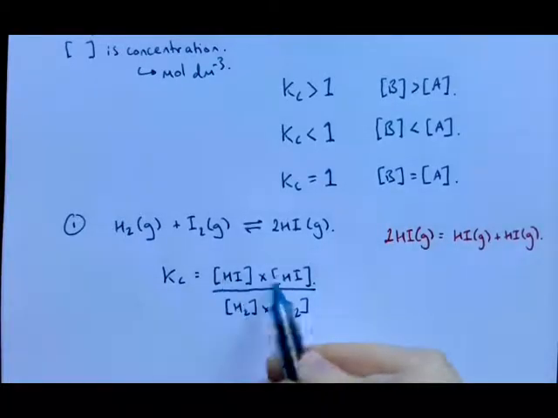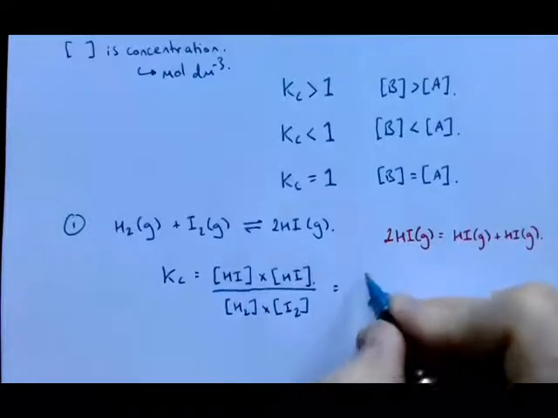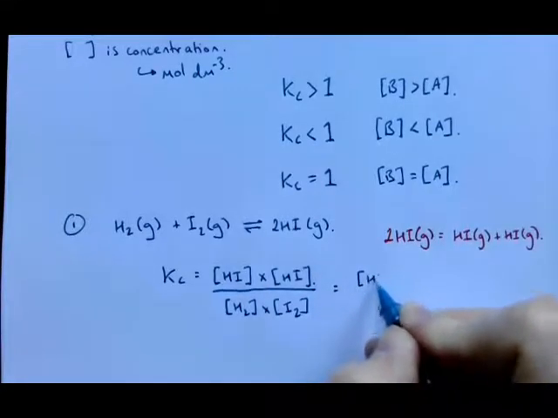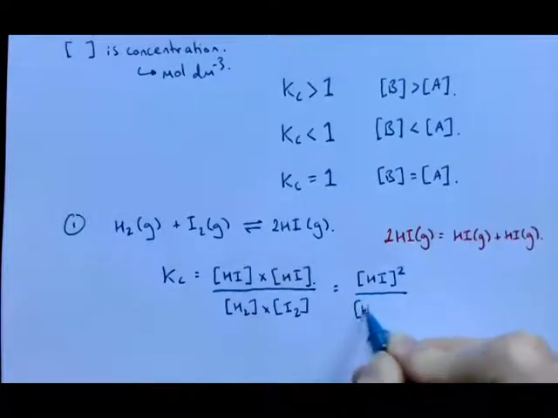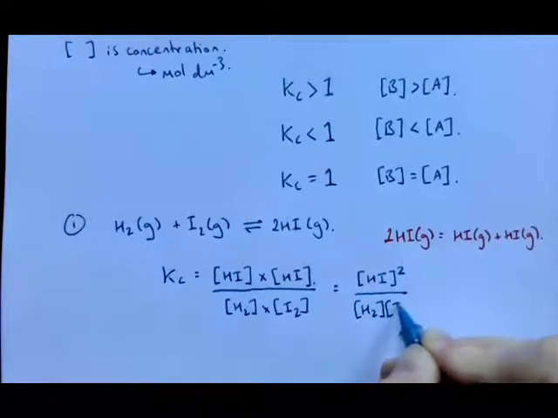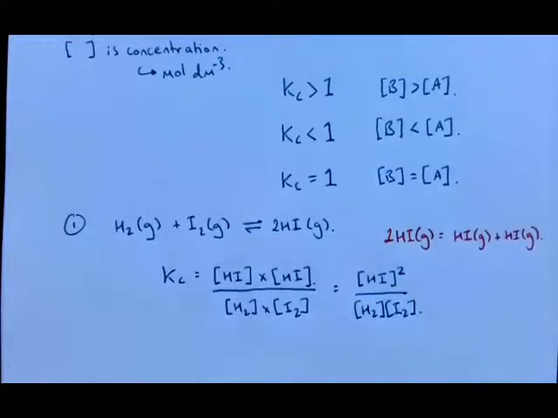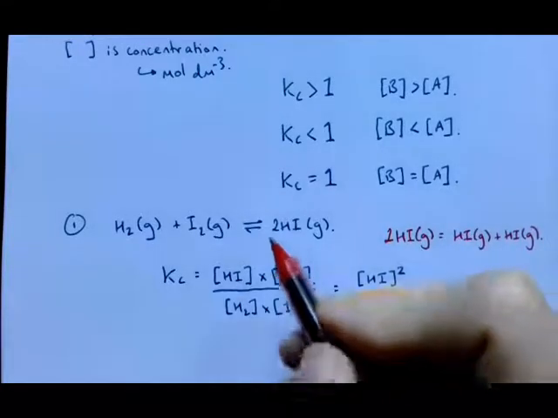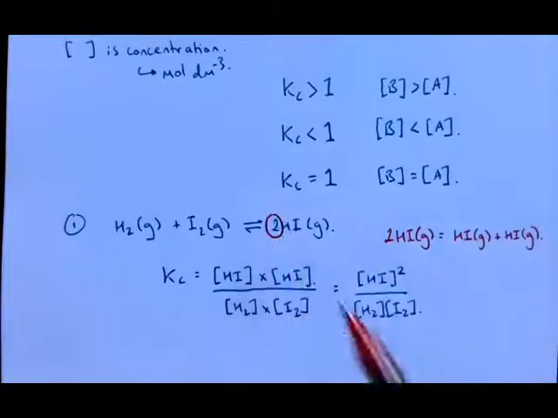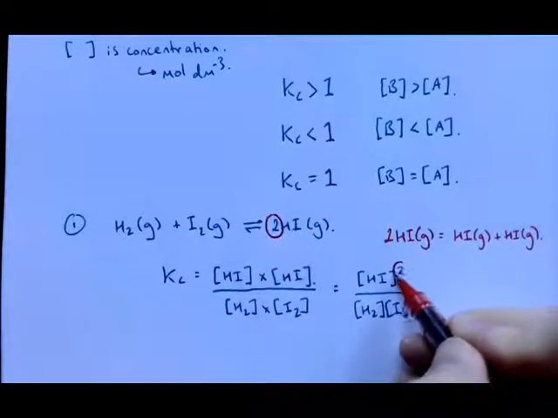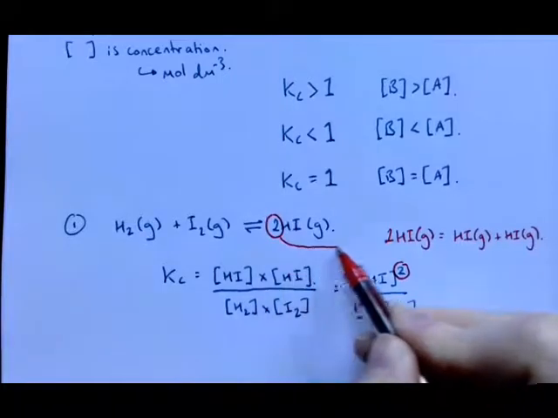Now, because these two are multiplied together, I can simplify this, so I can write it as HI squared divided by H2 I2. So you can see that any coefficient that you have in front of a quantity ends up as a power after it.